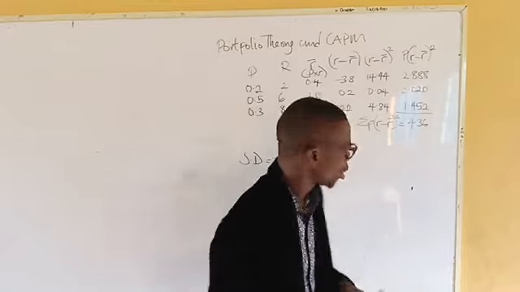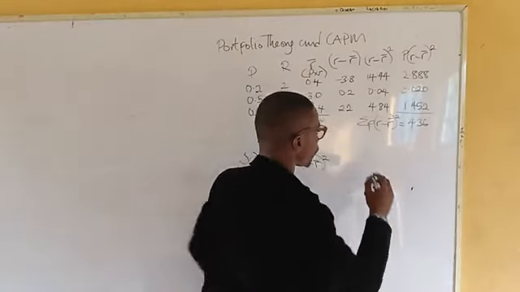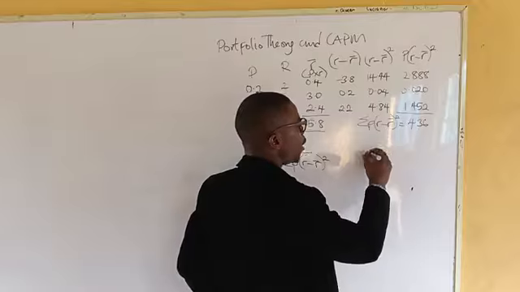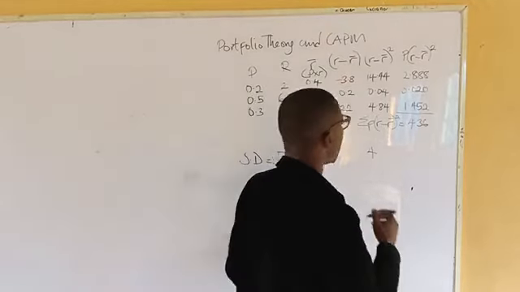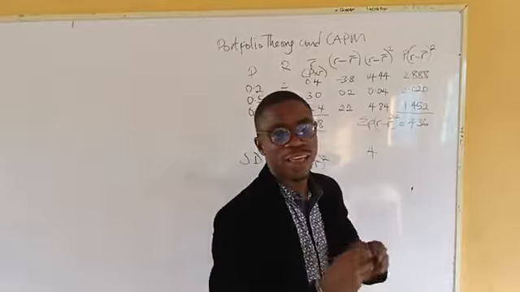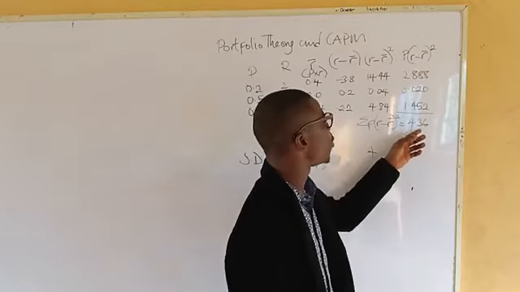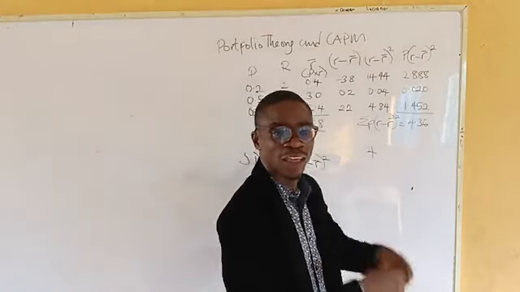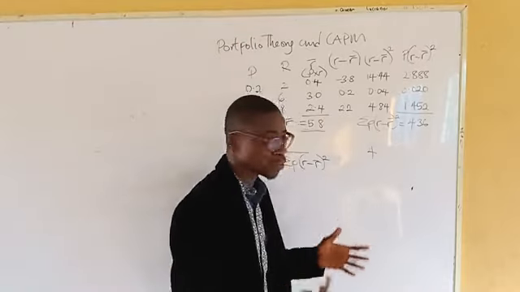Are we together now? Look at this one. If your variance is 4, there is approximation. If you say it's 4.65 something, or you say it's 4.36, it's still correct. So don't let us bother ourselves about that.